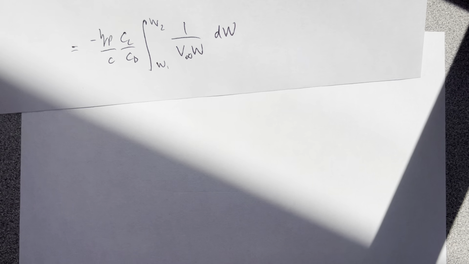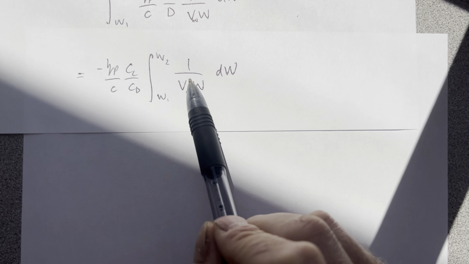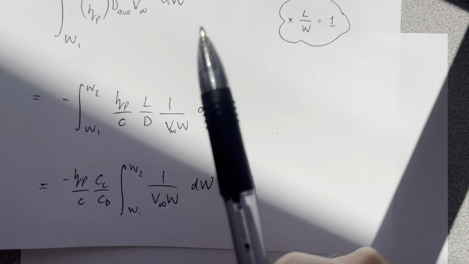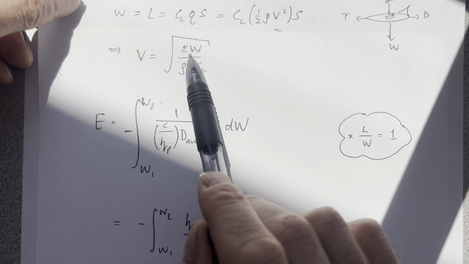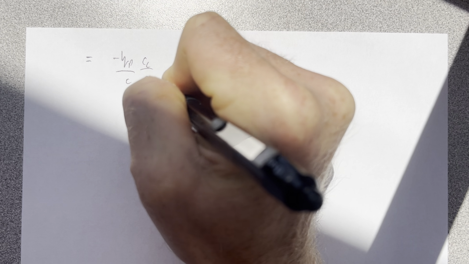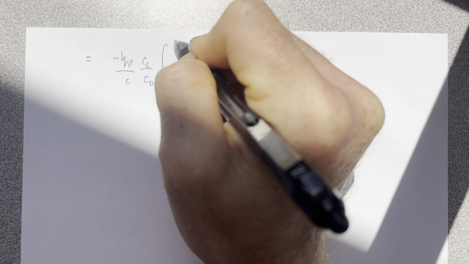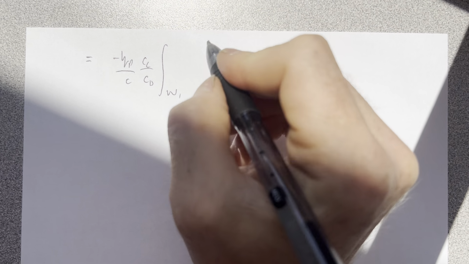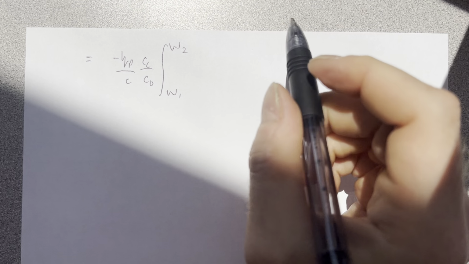We're going to take that equation and integrate this term here, but before I can do that I'm going to have to replace V with this expression here, the one that is a function of W. So that's going to look like CL over CD, W1 on the bottom, W2 up here.